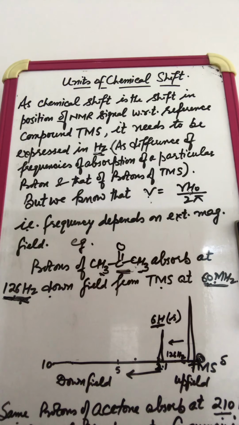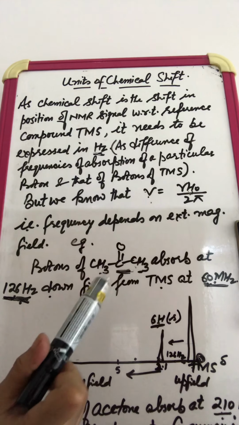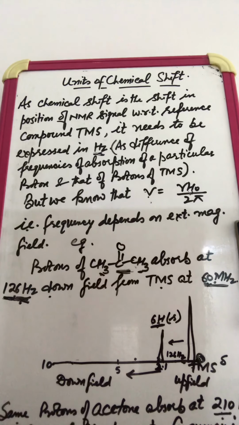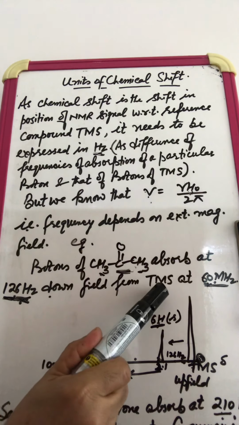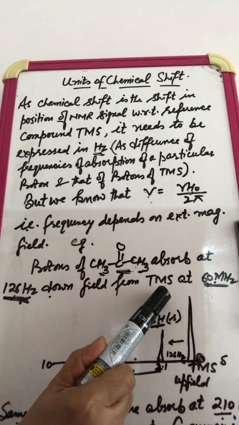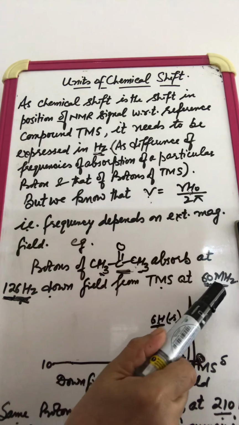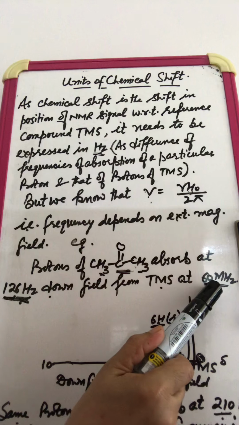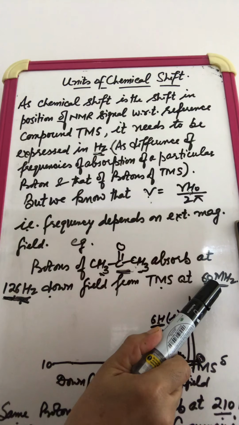Now I take a particular example. Say we have acetone. Acetone has 6 protons and all 6 protons are equivalent, so they absorb at one position and give one signal. That appears 126 Hz downfield from TMS, when the frequency of the spectrometer is 60 megahertz.